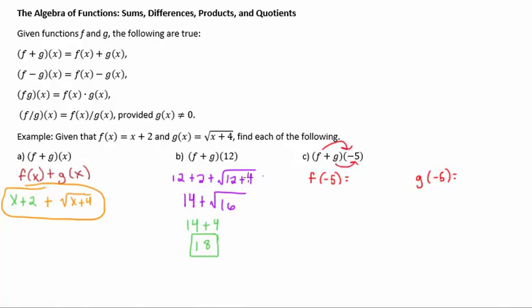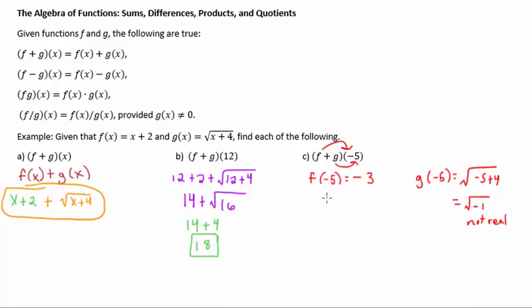Well, on this particular problem, f of -5 is -5 plus 2, which is -3, but g of -5, when I plug the -5 underneath my square root, I end up with an issue. -5 plus 4 is -1, giving us a not real answer.